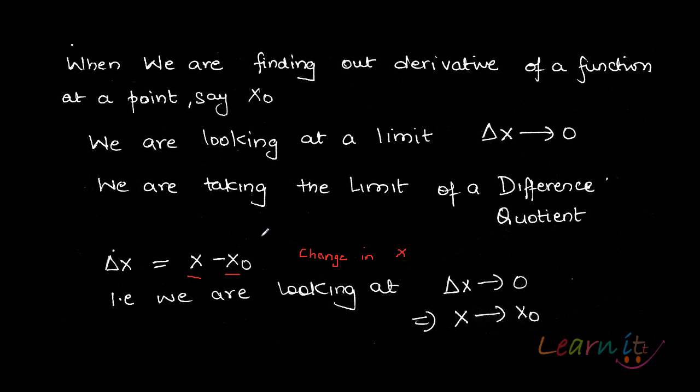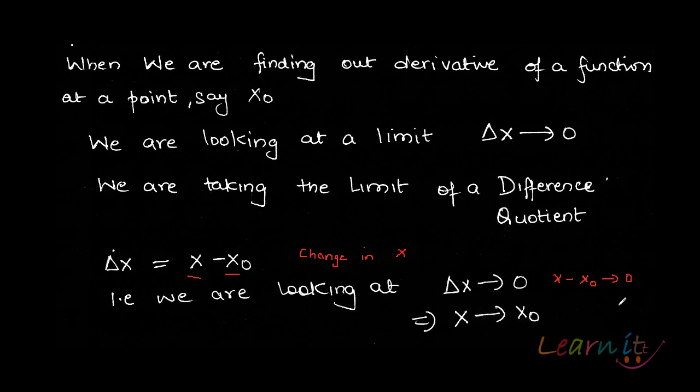So the change in x is delta x, and what we are looking at is what happens as delta x tends towards 0, that x minus x naught is almost negligible, almost 0.